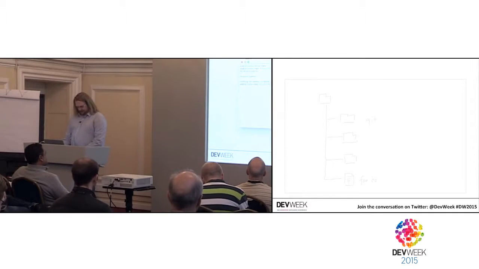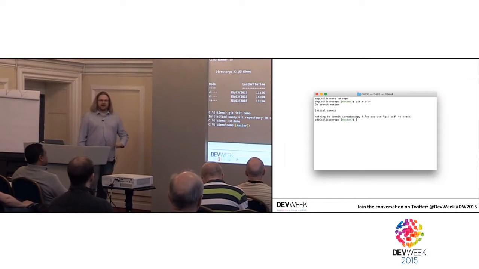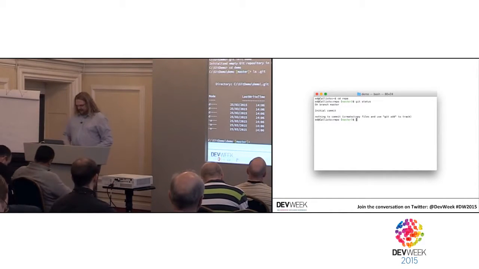And I can go into it. And with the PowerShell extensions I've got installed, I'm running the posh-git extensions, it tells me that I'm on the master branch. Done. You can see this, so there is the .git folder there.